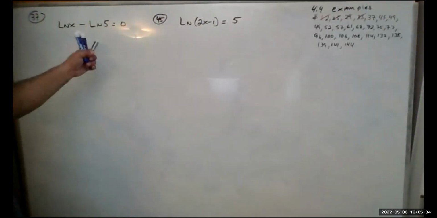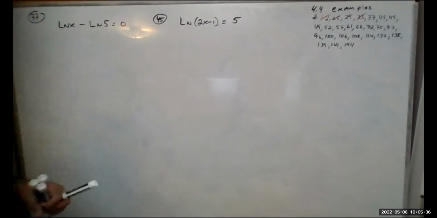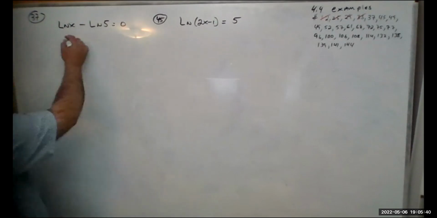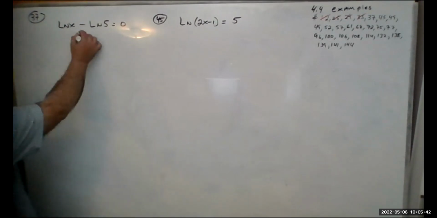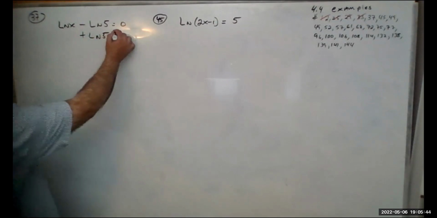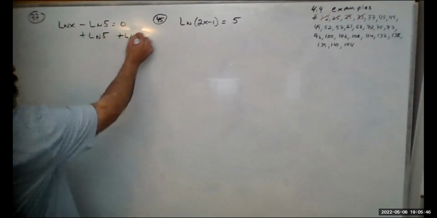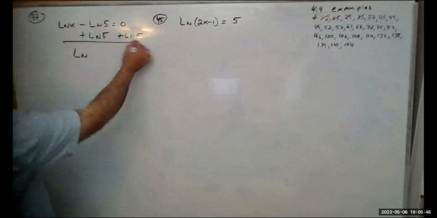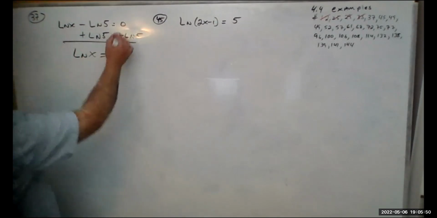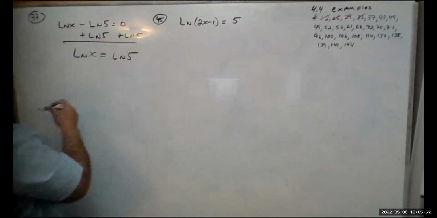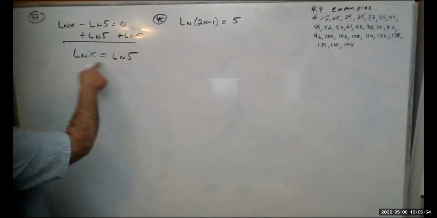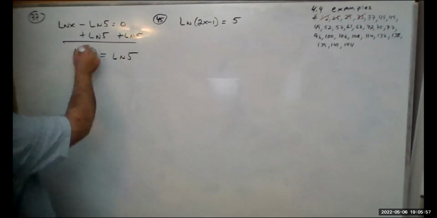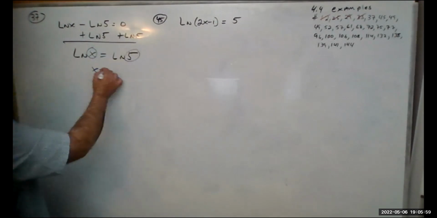You have two natural logarithms. They're exact natural logarithms, so you can add the natural log of 5 to both sides. On the left side, you have the natural log of that x. On the right side, you have the natural log of this 5. Since they're both the same logarithm, this x has to equal that 5.